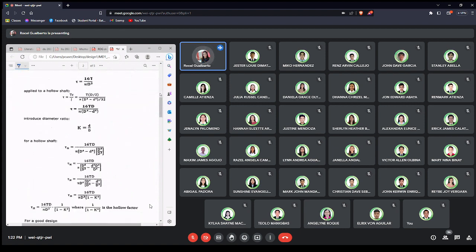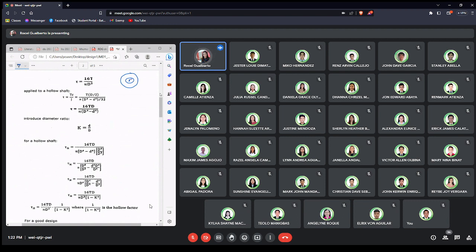Now, as applied to the hollow shaft, this is the center. Again, we'll have the C value. What is C? Measured from the center, what we take is the maximum, since C is any radial distance.